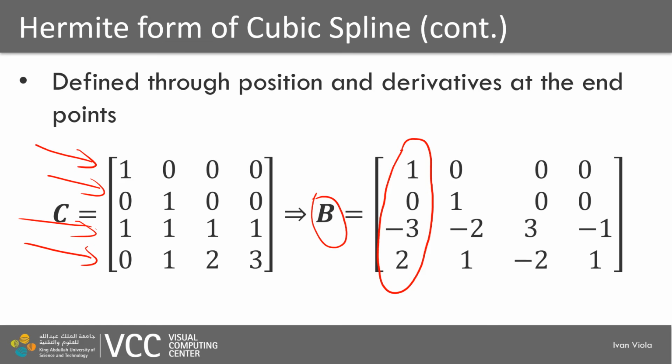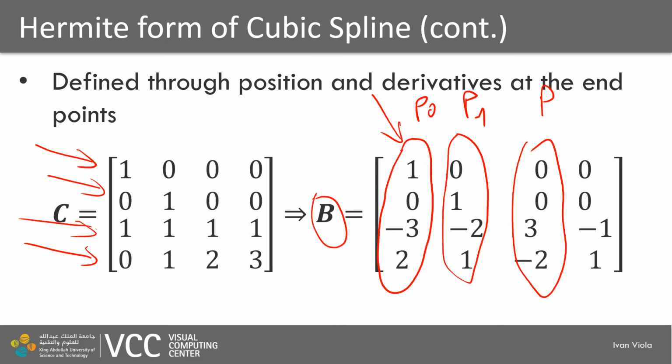If you look at how these basis functions are calculated, and with which point each basis function is associated, you will see that this column is associated with P0, this column with P1, this column with P2, and this column with the P3 point.